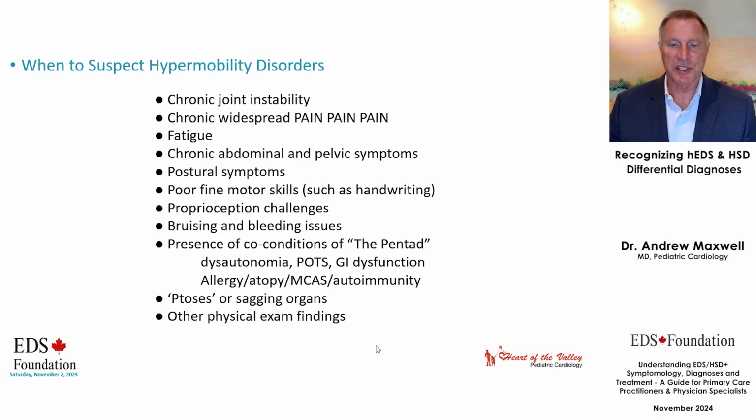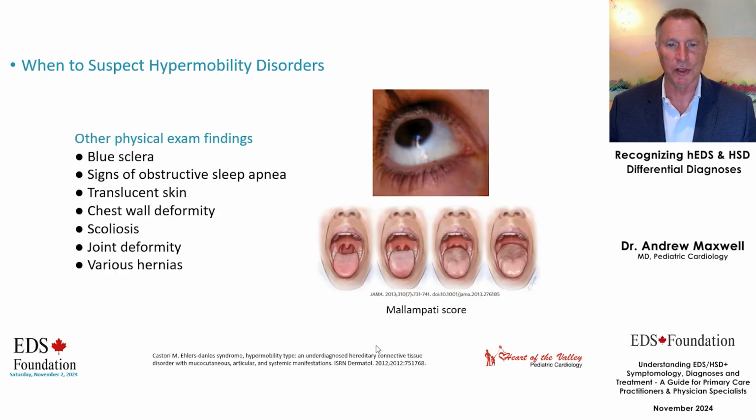Then there's the ptoses, or the sagging organs that are commonly associated, and other physical findings. Some of those other physical findings include blue sclera, signs of obstructive sleep apnea.